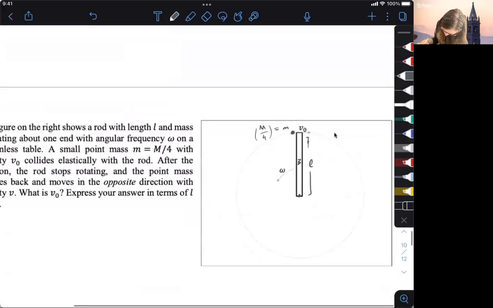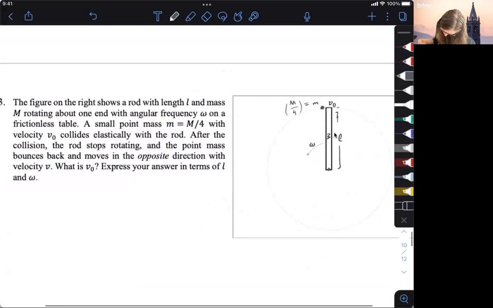Okay, so there's an initial velocity, V naught, that the point mass has. So the mass has a V naught, and then it collides elastically with the rod. What does elastically mean? Good question.